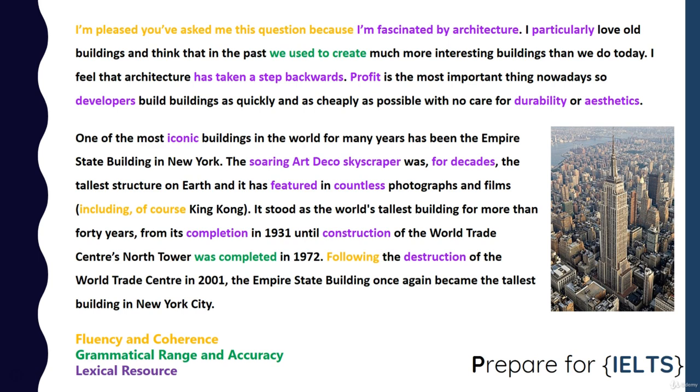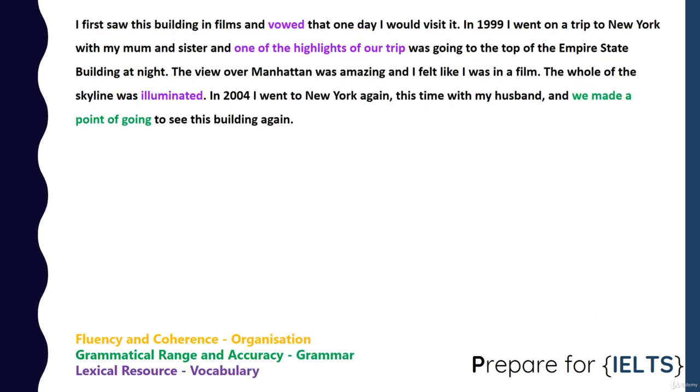It stood as the world's tallest building for more than 40 years, from its completion in 1931 until construction of the World Trade Center's North Tower was completed in 1972. Following the destruction of the World Trade Center in 2001, the Empire State Building once again became the tallest building in New York City.